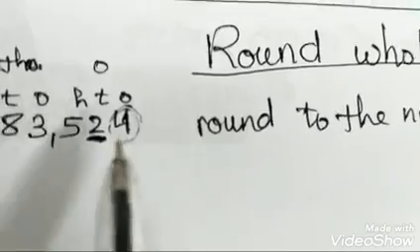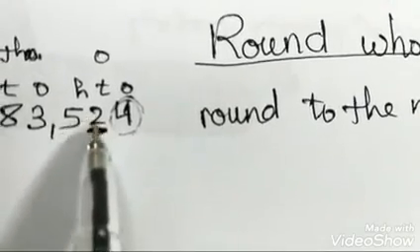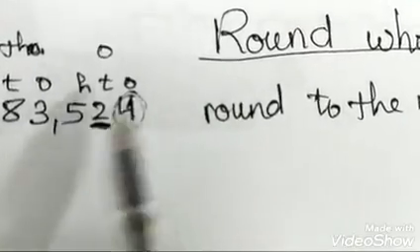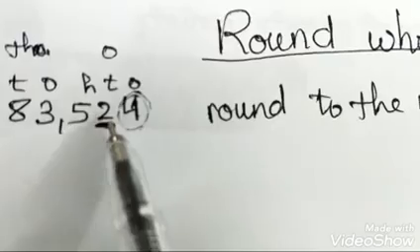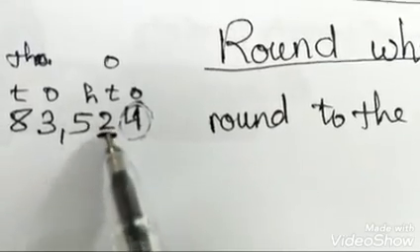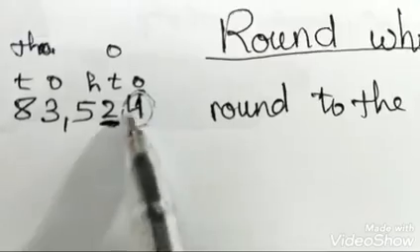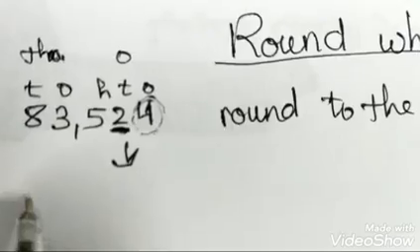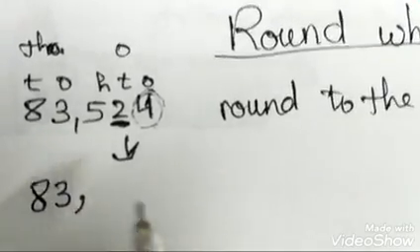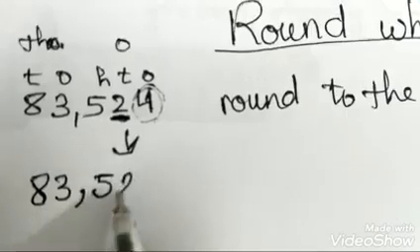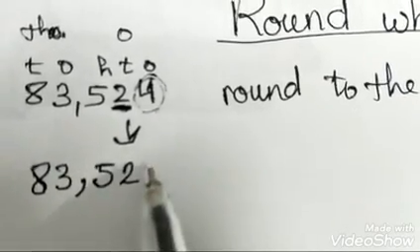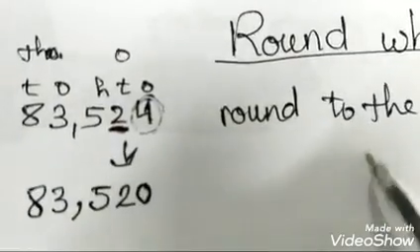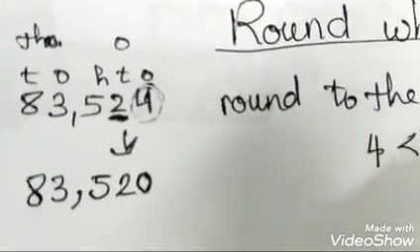It will make the tens digit, the one to which I want to round this number, remain the same, and we will replace this 4 by 0. So I have to write 8, 3, 5, 2 will remain the same, and the 4 will be 0 because it's a poor number. What does poor number mean? Because 4 is less than what? Less than 5.